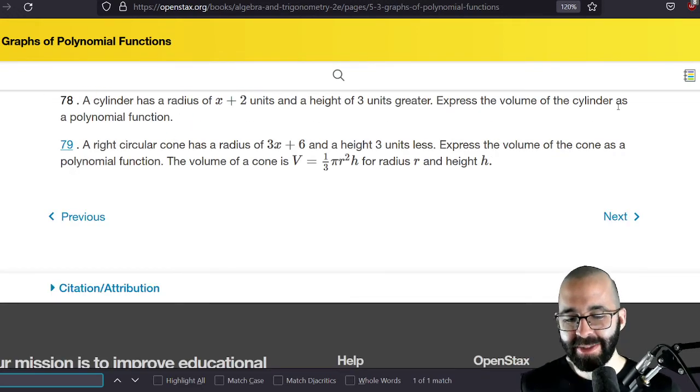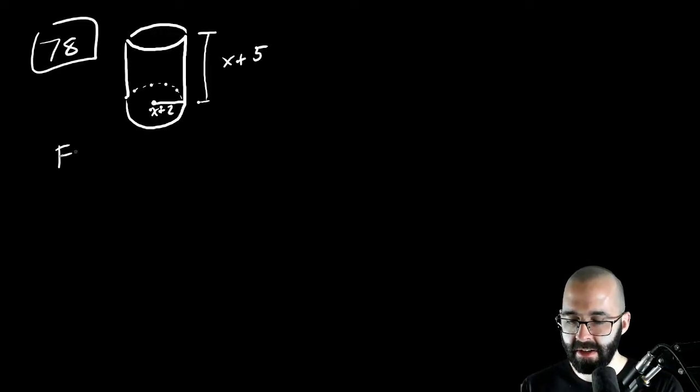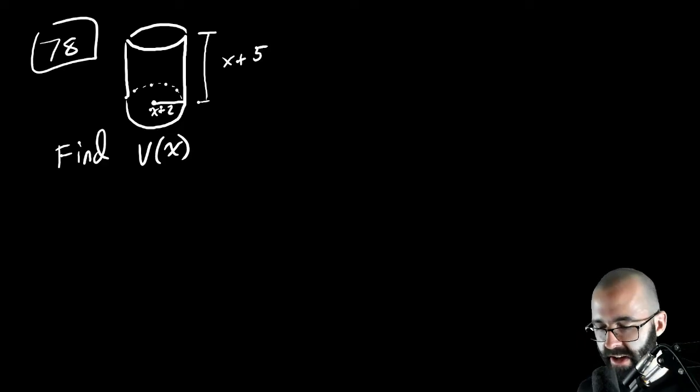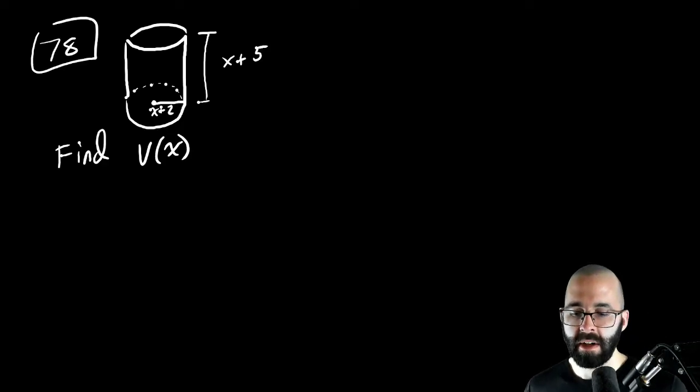All right. Express the volume of the cylinder as a polynomial function. Find v of x. I'm pretty sure this is called like a regular prism or something.